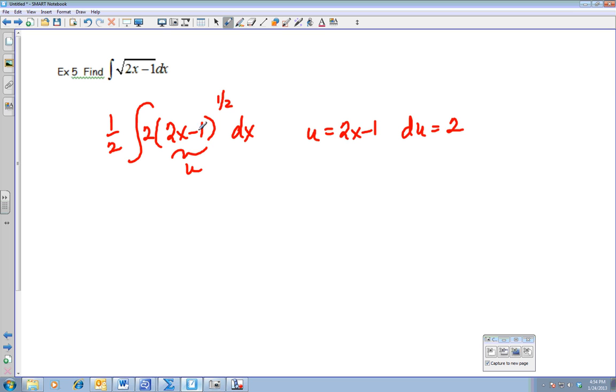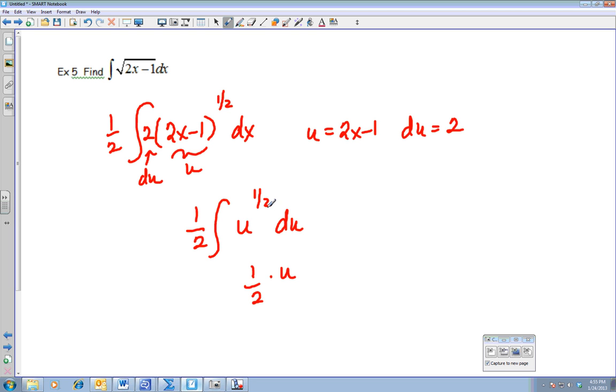Okay, so there's my u, there's my du. So I have 1/2. I'm not going to write my du first, I'm going to write it last. U to the 1/2 du. So now I'm going to integrate. 1/2 times, add 1 to the exponent.